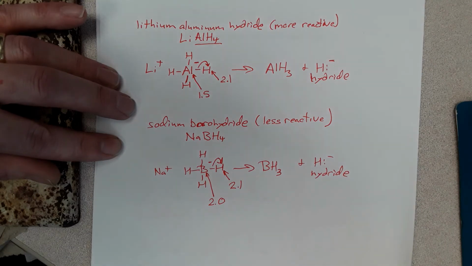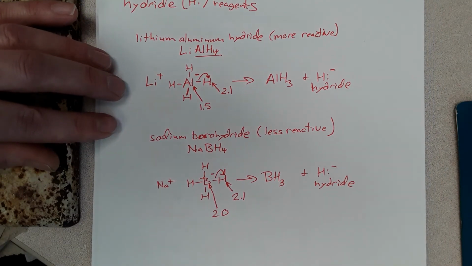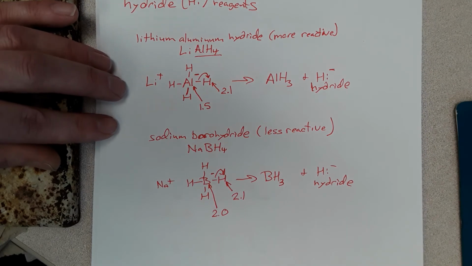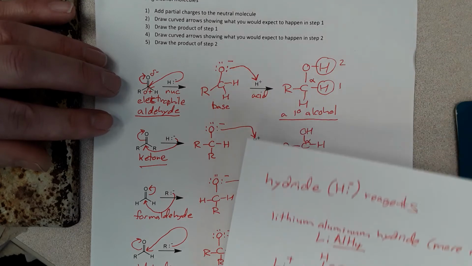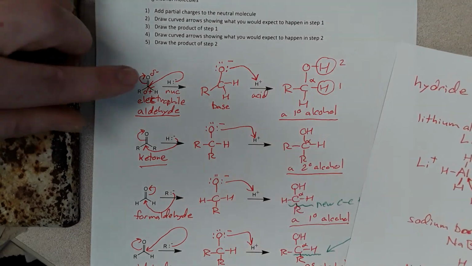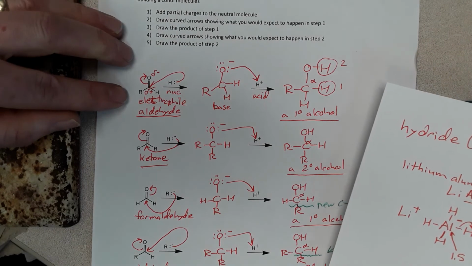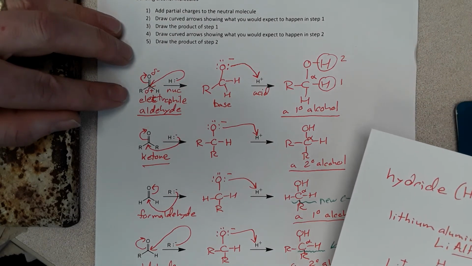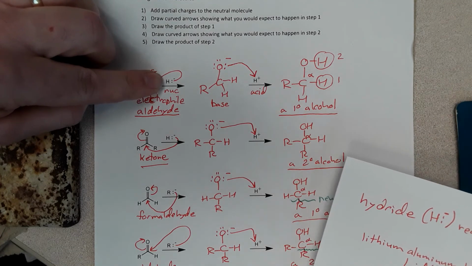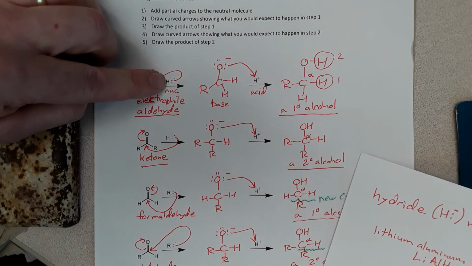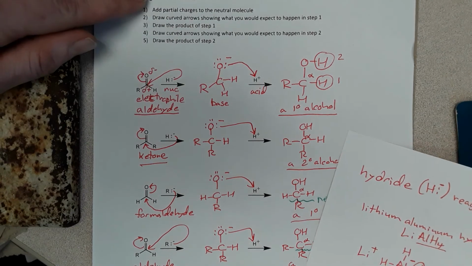Both of these are strong enough nucleophiles that they will both react as shown in the skeletal reaction here. Both lithium aluminum hydride and sodium borohydride will produce H minus, and then the H plus is coming from adding H3O.